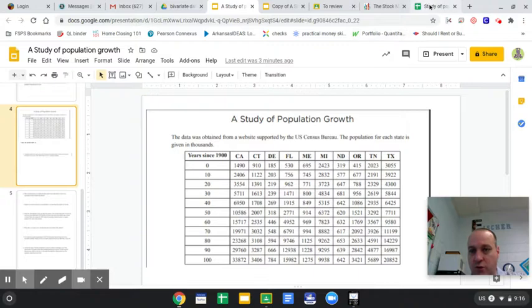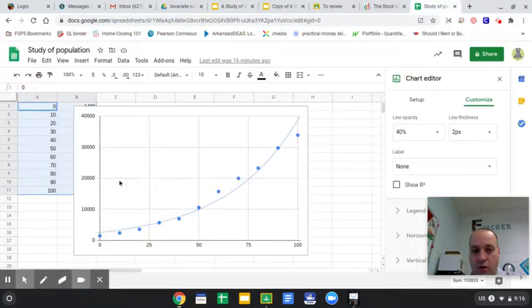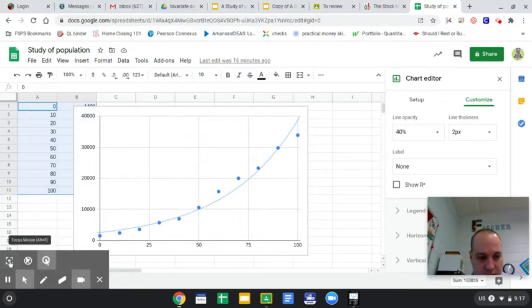Now, when you're making your spreadsheet over here on this page, right on the bottom of your spreadsheet, there's a plus sign.